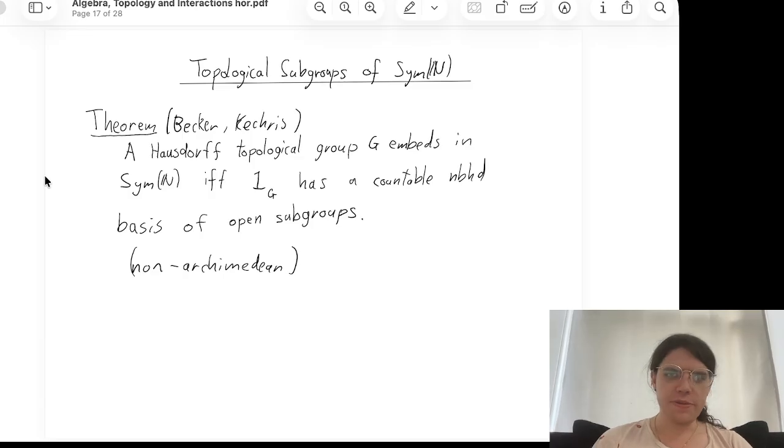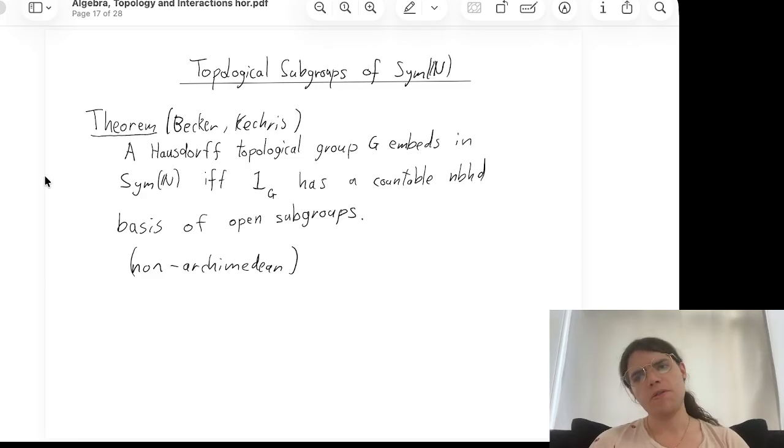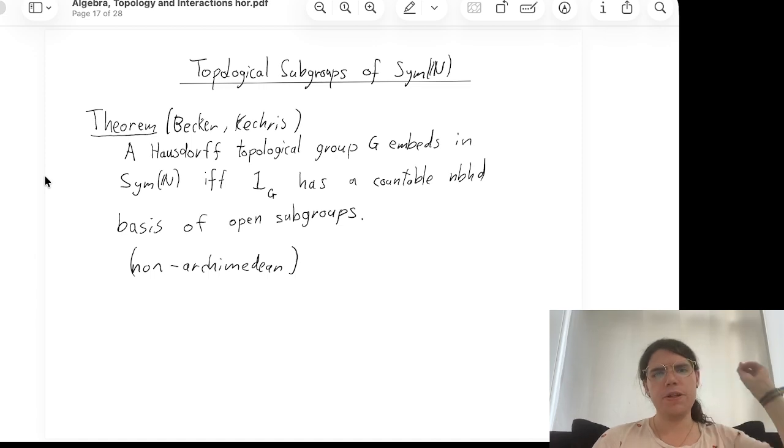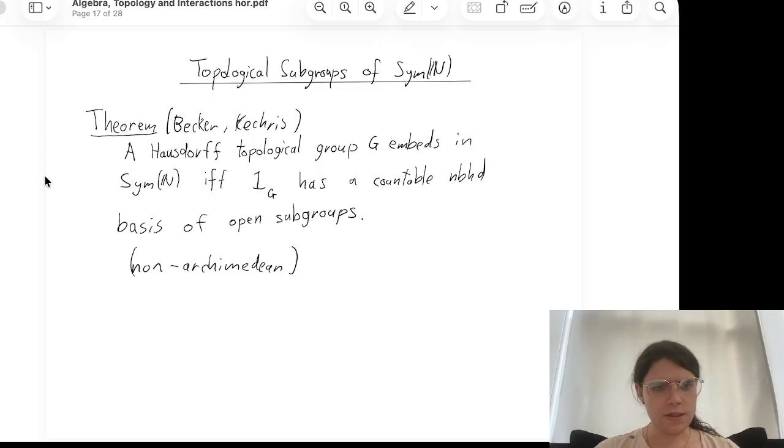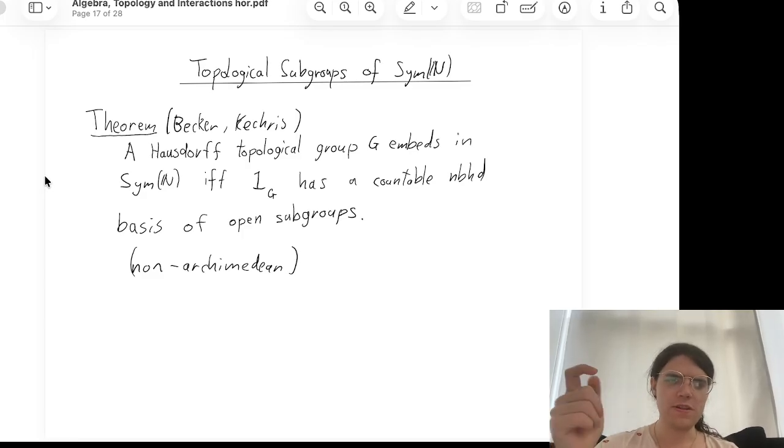Okay, and similar to before, there's a characterization of when things embed even when they're not closed. A topological group embeds in the symmetric group if and only if the identity has a countable neighborhood basis of open subgroups. This property is called being non-Archimedean. So this corresponds to the right congruence thing, because right congruence is on a semigroup. Right congruences in a group correspond exactly to subgroups.